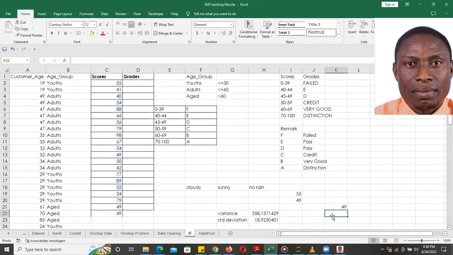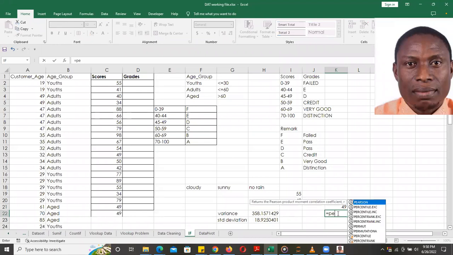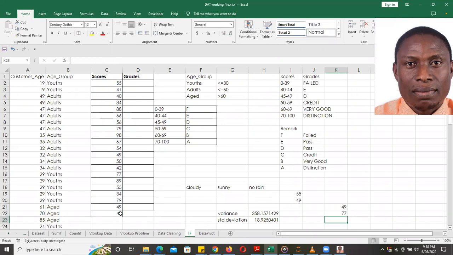So 49 is the 25th percentile of the whole of this. Then we can have the 75th too. This is our array, comma 0.75, that's the 75th, and it's 77.